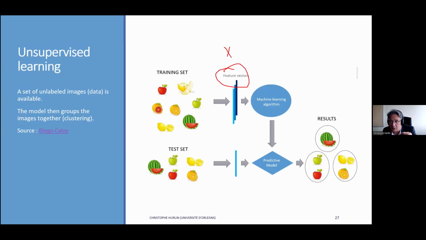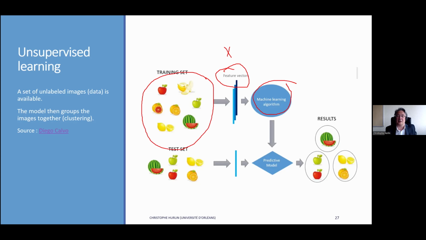So for each image, we have the shape, the color, and so on. Then we use a machine learning algorithm to produce some clusters, to group the individuals of the training set given their similarities.